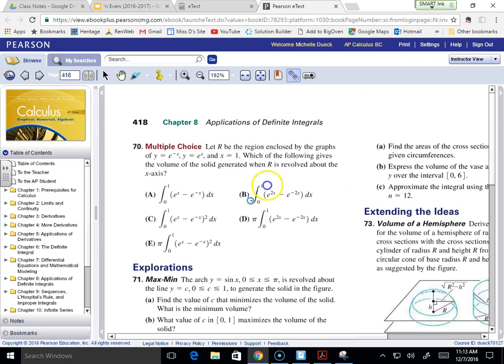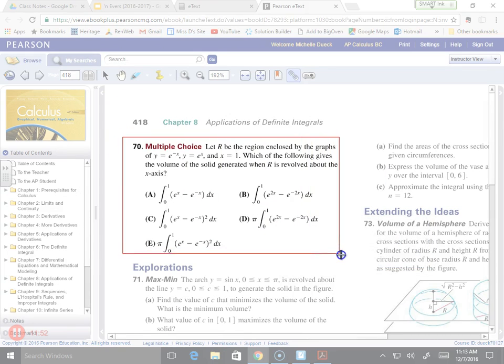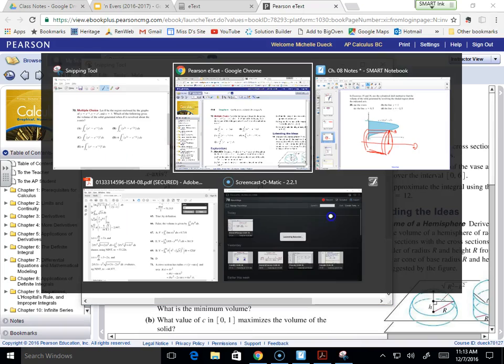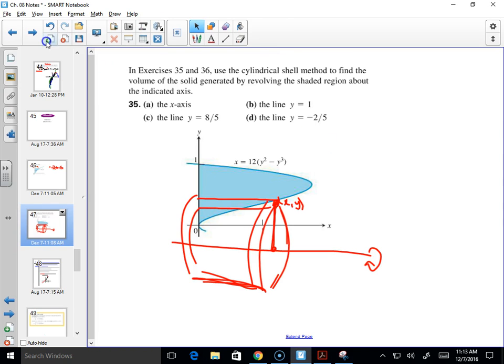Did you try going to projector view? It'd be easier to move around. Projector view in the ebook.